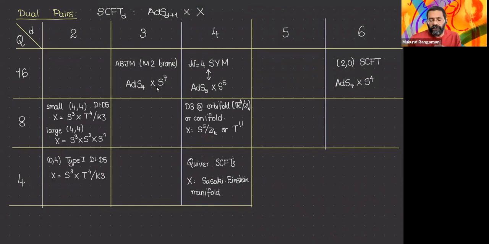Now, the symmetries of this internal space X translate into global symmetries, and anomalies of those global symmetries can be decided from that geometry, as I'll explain in a while.